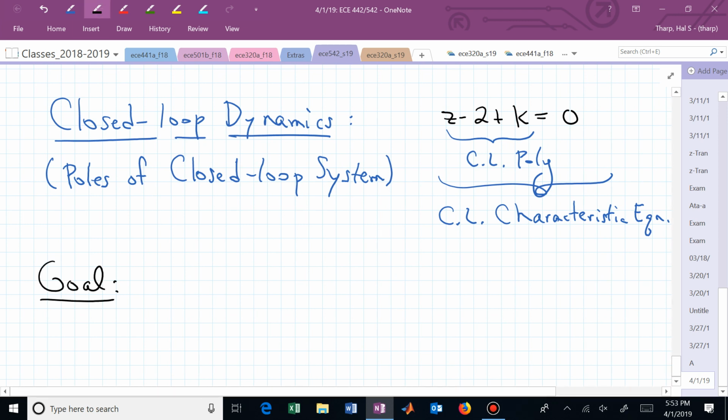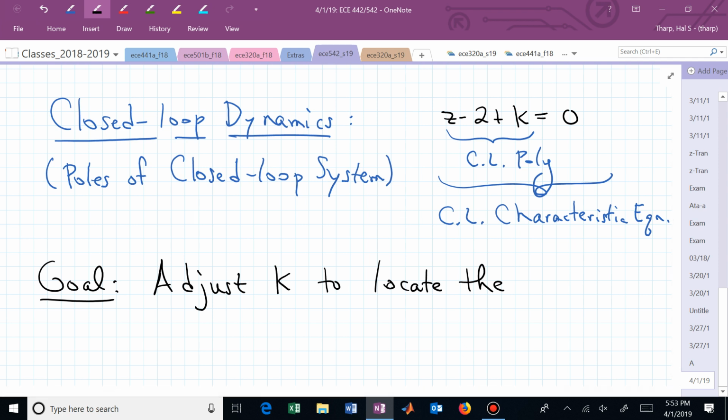Our goal, in fact, is to adjust this adjustable proportional gain k to locate the closed loop pole. We only have one. That's a first order polynomial. It's not a square. It's not a cube. We only have one pole that we're adjusting, and we have one parameter to do that adjusting with.